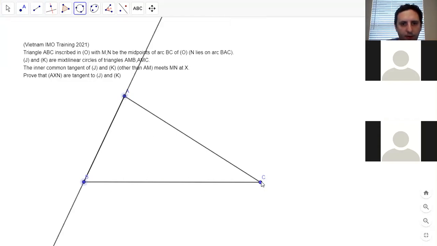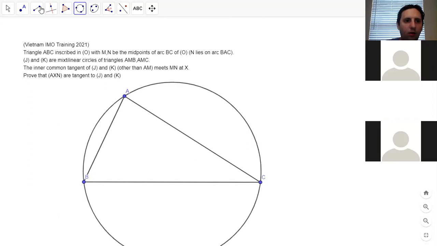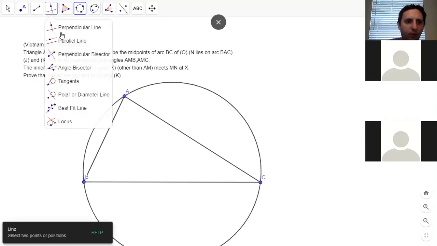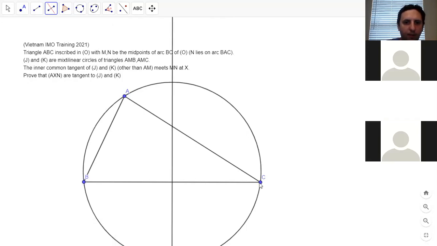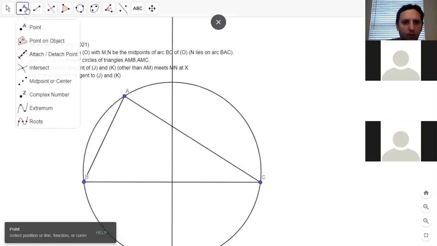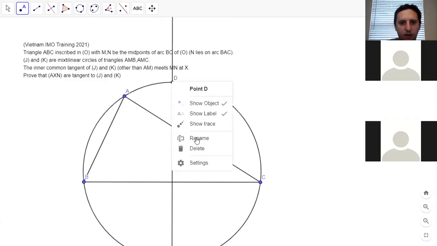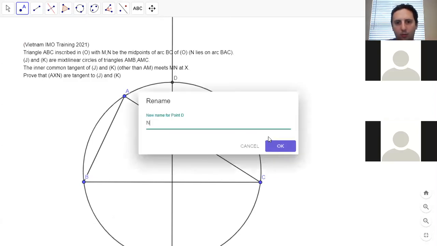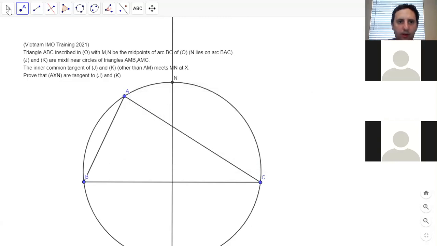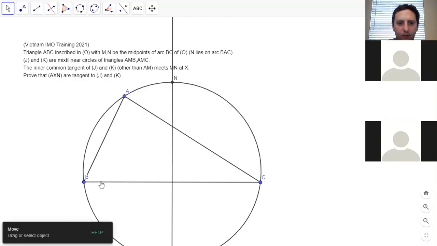So N lies on arc BAC. Are they the midpoints of both of the two arcs? That's what I'm guessing. So this would be N, and the other one would be M. It's just a guess for now. I'm not 100% sure.